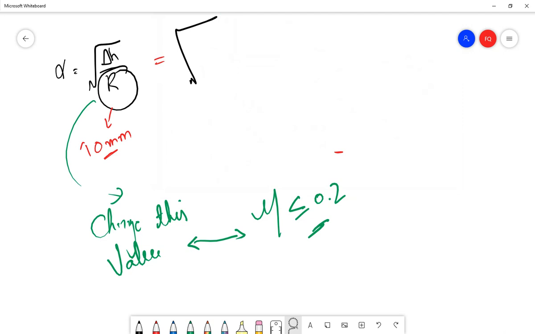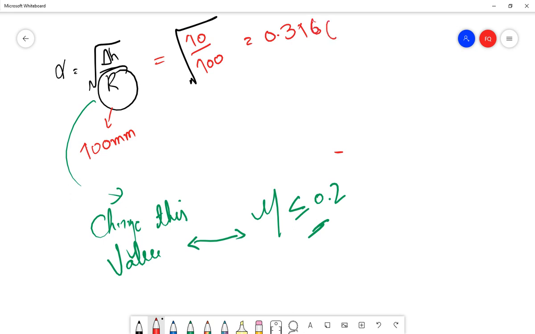So now if I choose a radius which is relatively different, let's say we choose a very big radius, 100 millimeters, and now the equation becomes 10 over 100, and now we do the calculation. So alpha comes out to be the square root of 10 divided by 100, which is 0.316.